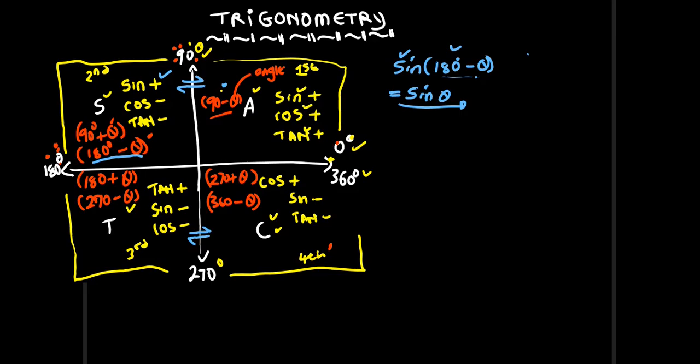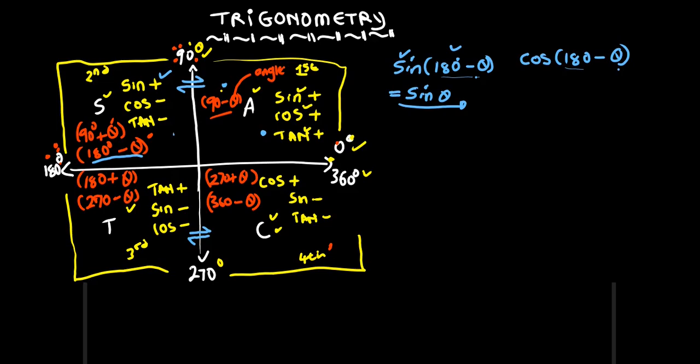Another example. Let's say they say calculate cos of 180 minus theta. We check for 180 minus theta. Do we have 180 minus theta on the first quadrant?